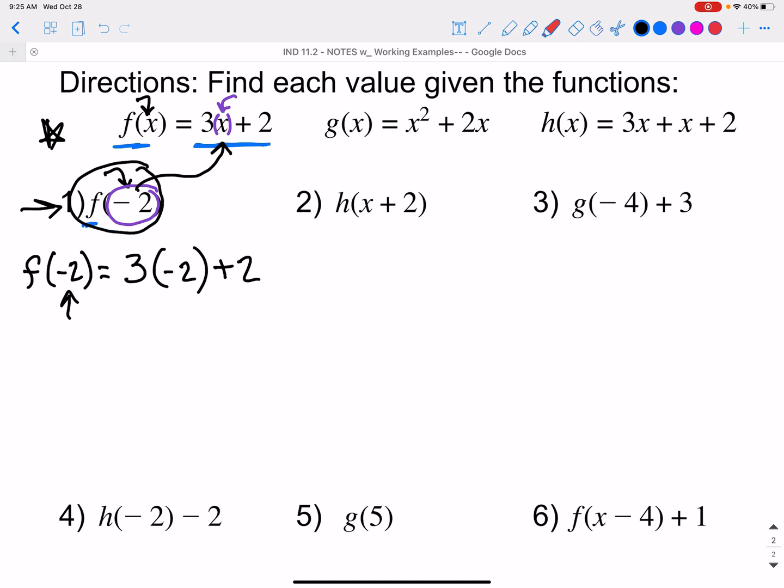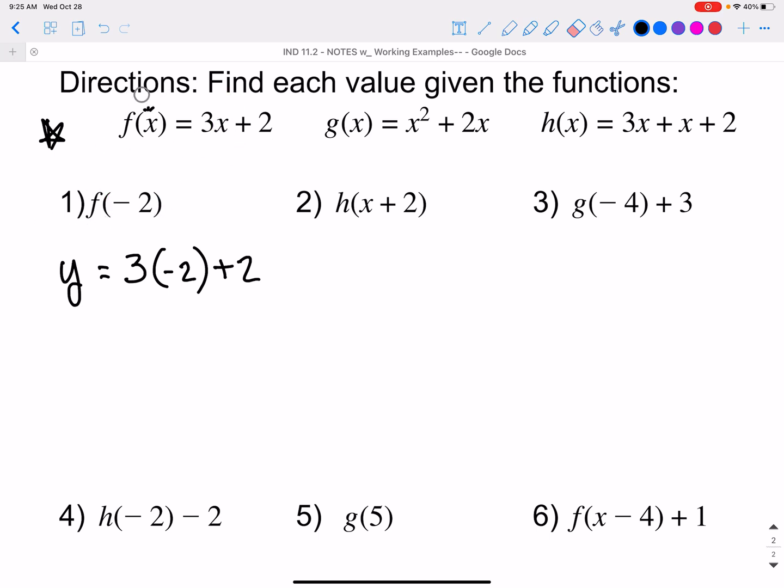Remember, if it helps, I could replace this with a Y. Now that makes sense, right? My function, F of negative 2, is 3x plus 2. And all the arrows I used to point get a little crowded.